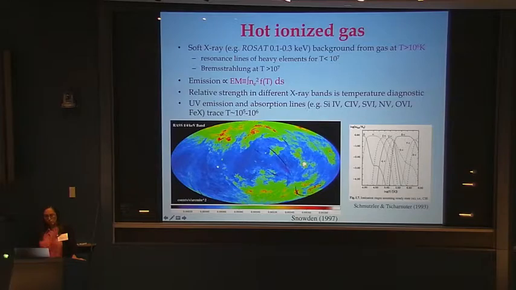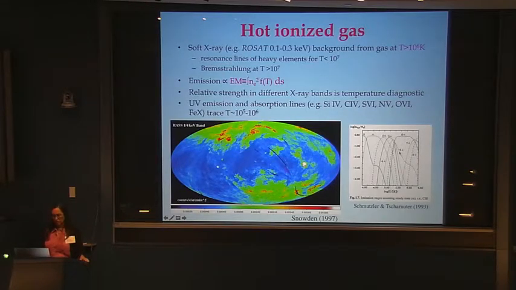UV emission and absorption lines tell you about gas which is somewhat lower temperature, so you can see here these are for different ionization states, some as shown here of, I think, oxygen at different ionization states. So this is the traditional picture: you'd expect to get O VI at a certain temperature.